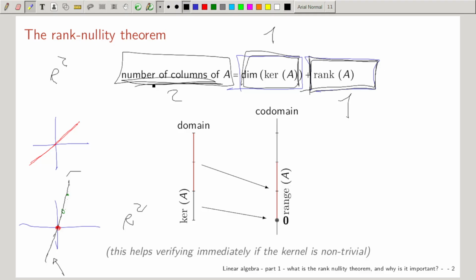Do you see what is happening right now? We start from a certain fabric of space and we end up into a space, but actually the fabric is compressed along a line. True? We were having a kernel. The kernel was making us lose one dimension.